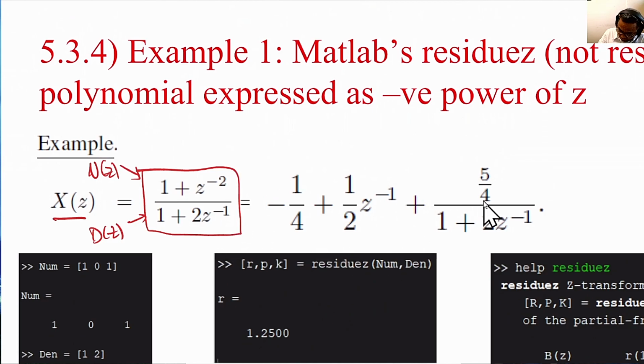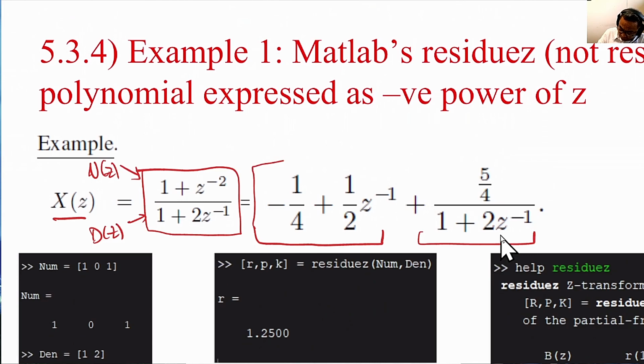We have to convert it into two parts. One part is a rational function whose numerator power is 0, and therefore 0 is less than 1. So this is a proper rational function.